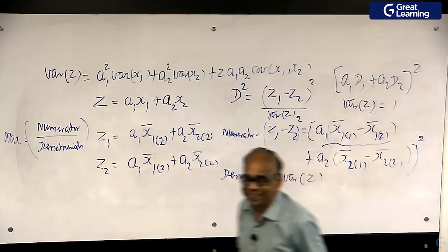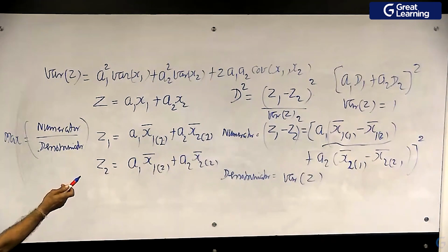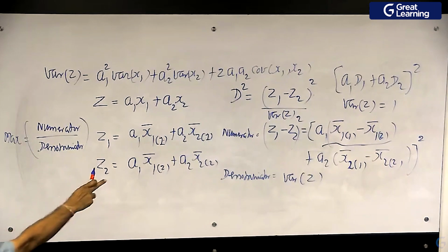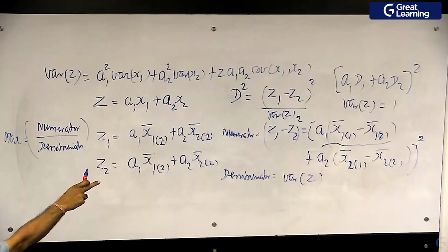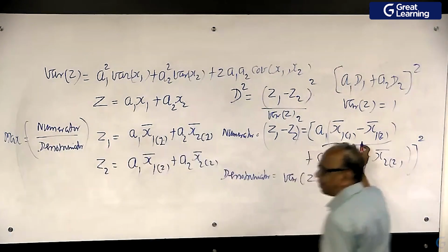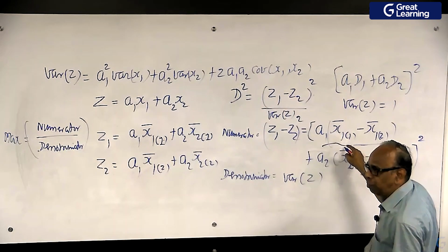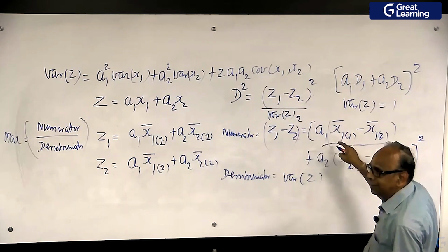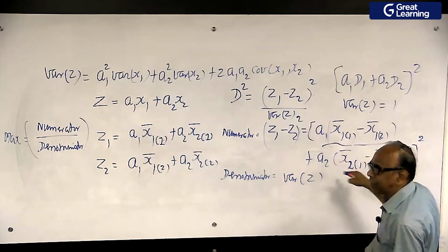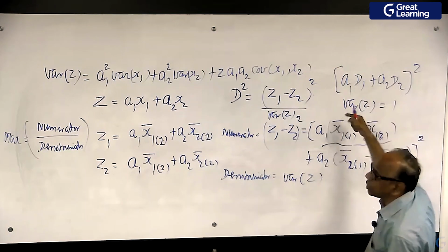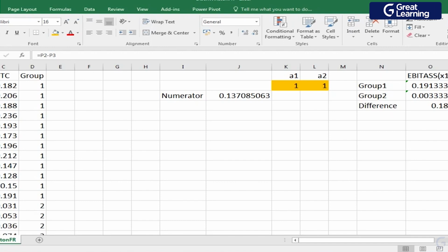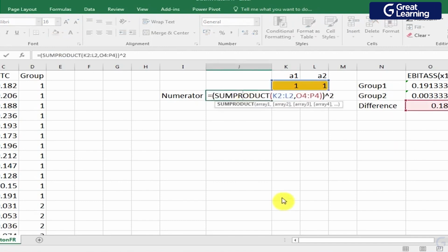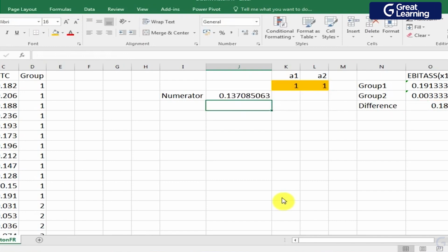Square. Some angularity you should have to see this here. It is difficult, I know, you are sitting there, the board cannot be rotated now. A1 into the difference, this is one difference; the difference represents the group mean difference for the first variable, A2 into the difference for the second mean difference. This whole expression is to be squared, and that formula I have just put, and if I double click, this is exactly the formula. Are you getting this? Initial values. So this is my numerator.